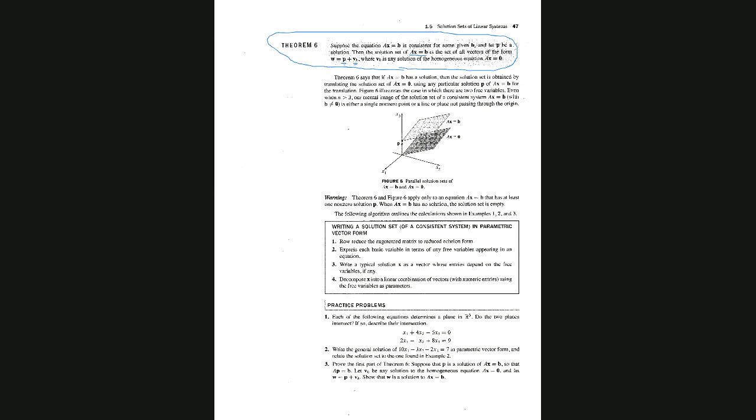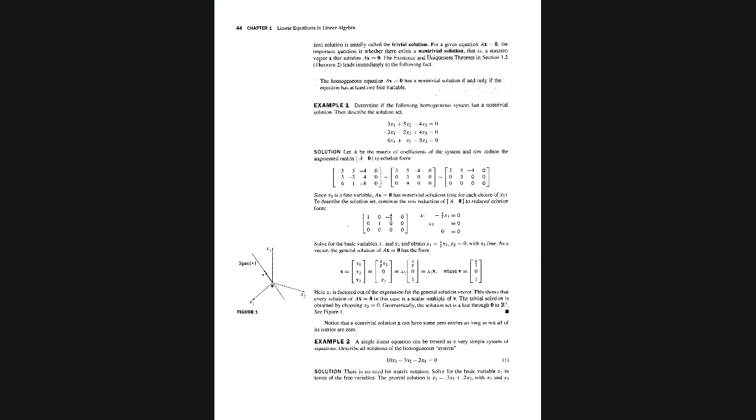Now, incidentally, they have also another example that I think is pretty cool. This second example, it's in your book, example 2. It says, describe all solutions of the homogeneous system.